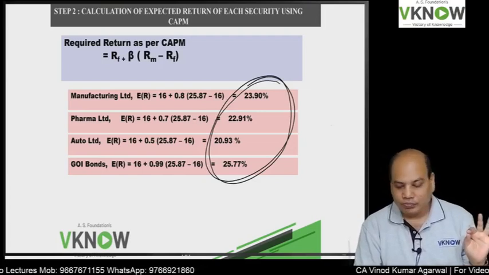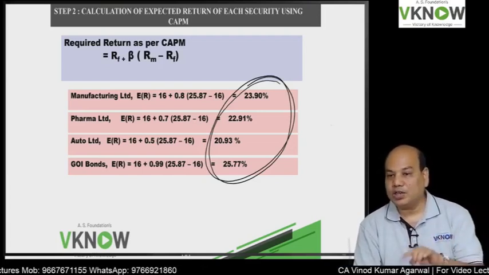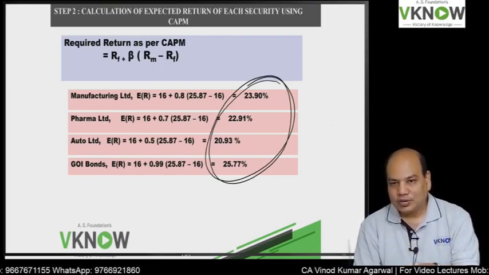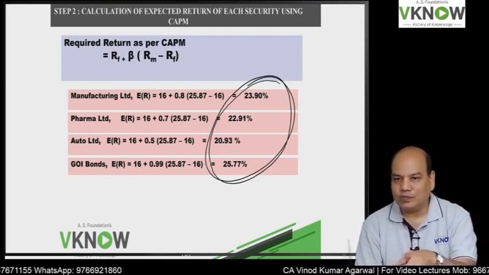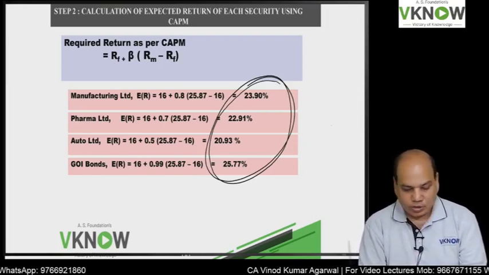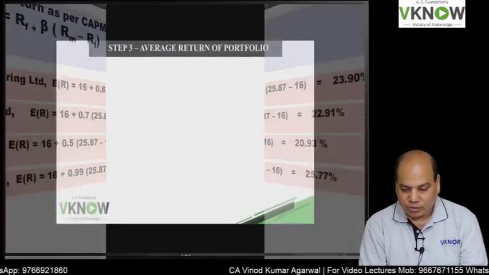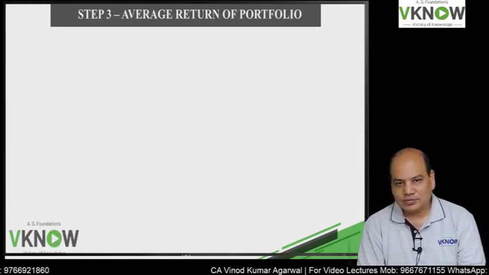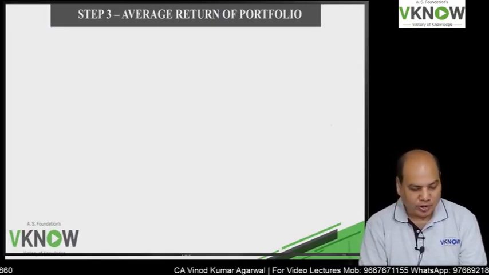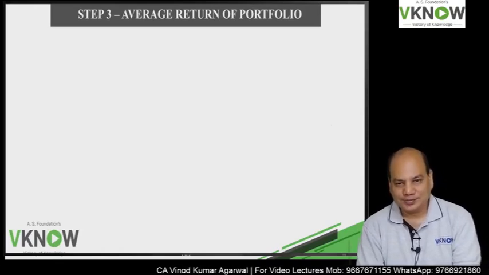Second method is, first find portfolio beta, and using portfolio beta, you can find the rate of return as per CAPM. But one problem is there. Weights are not given. We'll assume equal weight. If you assume equal weight, then it is simple average.